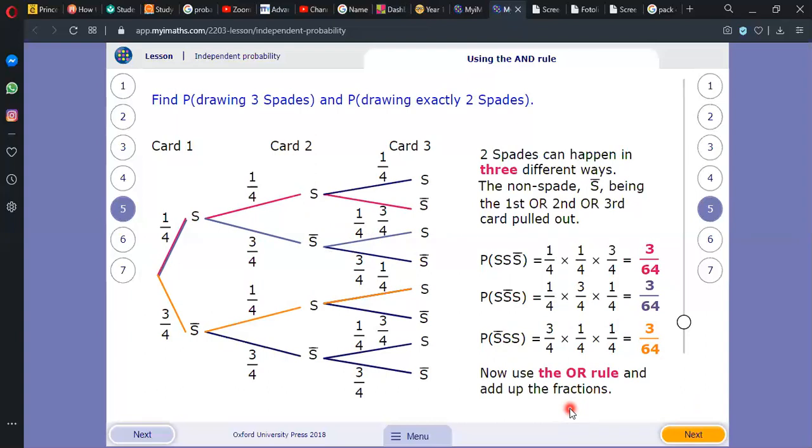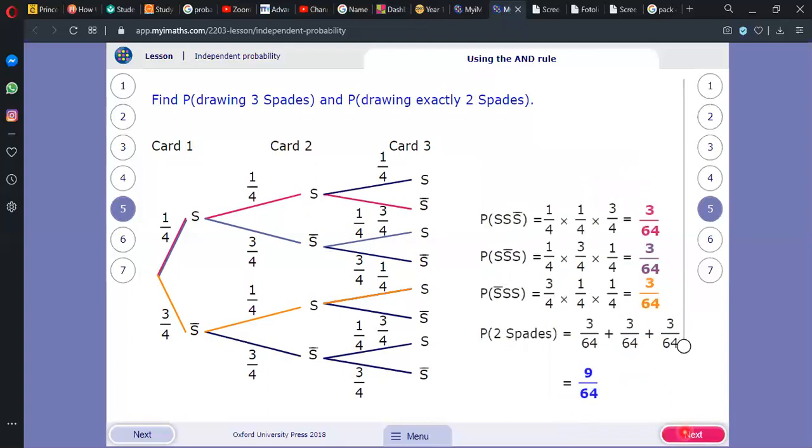Finally, we now use the OR rule and add up the fractions. So it simply means that since we know we have 3 different possibilities of having exactly 2 spades, what we are saying in essence is, the ways we can have exactly 2 spades is spade, spade and not spade, or spade, not spade, and spade, or not spade and spade and spade.